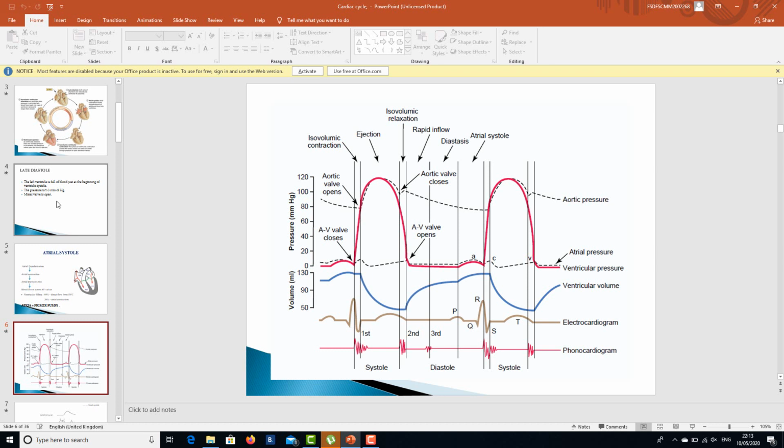The diagram can be asked to draw and label. You can be asked to describe the different ventricular pressure changes taking place during the cardiac cycle. So all of you should know it by heart, and very soon we are going to study it in detail.